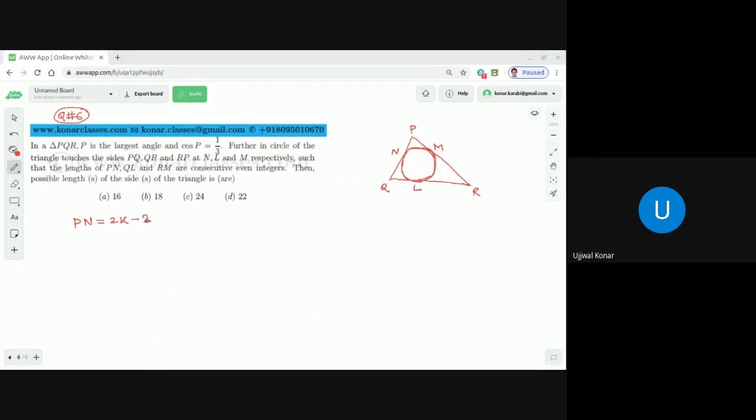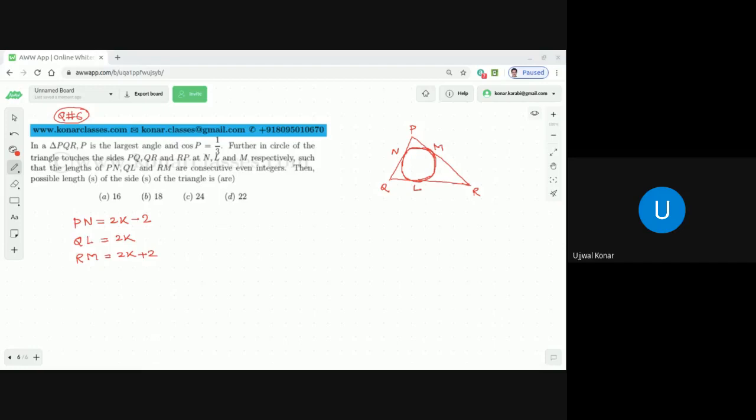Then QL is 2k and RM is equal to 2k plus 2. Correct?